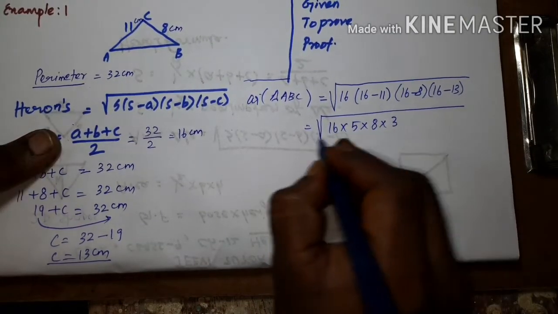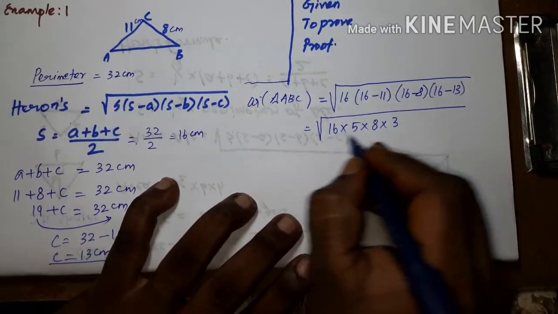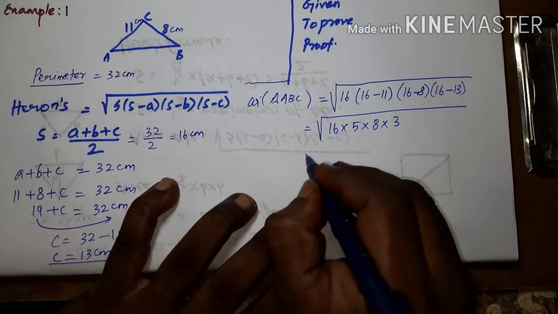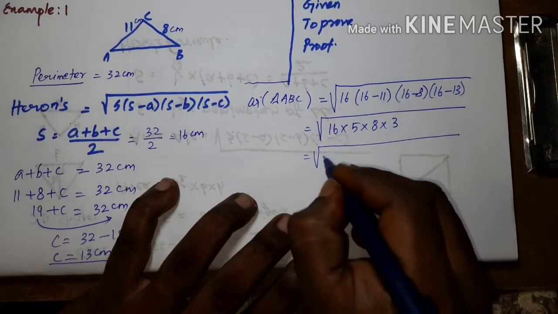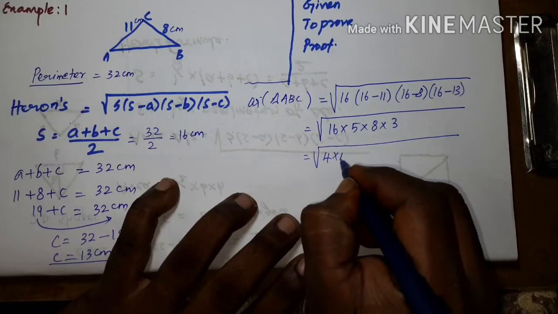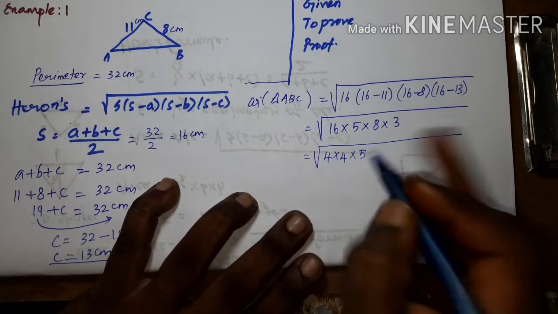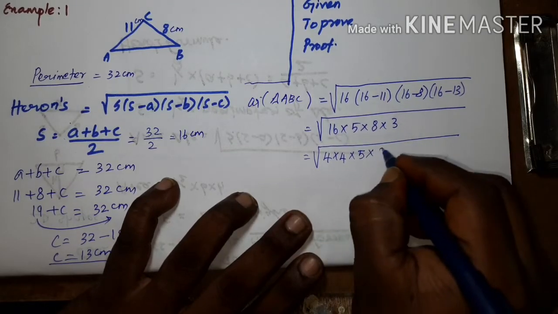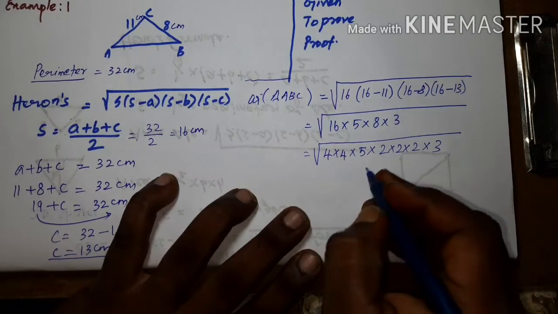So I need to find the square root of these values, but if I multiply and find the square root, it will take a long time. So instead of that I am going to divide into factors. The factor of 16 is 4 into 4, and 5 has only 2 factors, 5 into 1. So simply write 5, and 8 is 2 into 2 into 2, and 3. You know how to find the square root values.